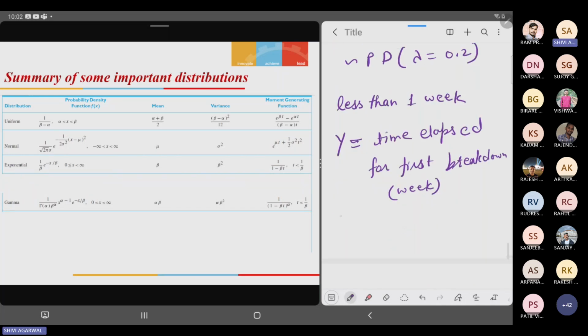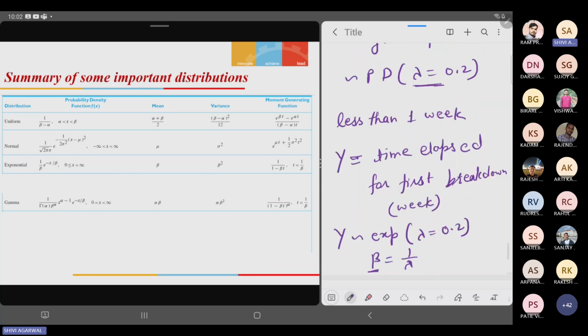Correct? So Y follows, it is not given in the question, but we have identified it because it corresponds to the Poisson distribution, an exponential distribution with lambda the same as 0.2. And we know beta is equal to 1 by lambda, because lambda is the events occurred per unit of time, and beta is time. So that's why it is 1 by lambda here.